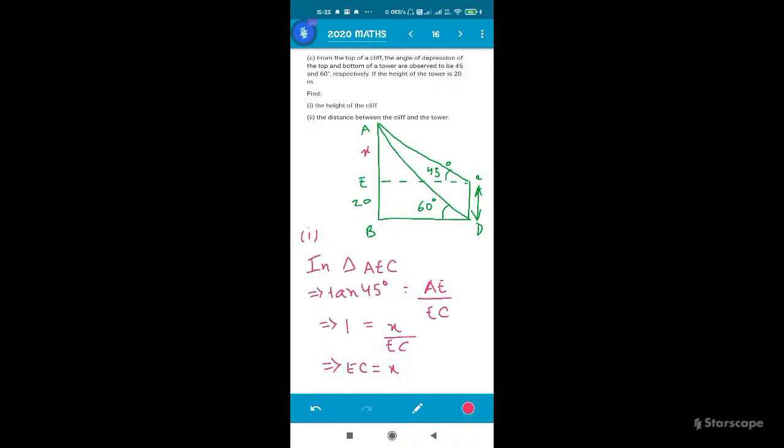So EC is also equal to X, and as a result, by the relation which we just saw regarding EC and BD, BD will also be X. So I hope this much is clear to you. We just considered the relation for the triangle AEC. Now we are going to use the same relation for the triangle ABD.